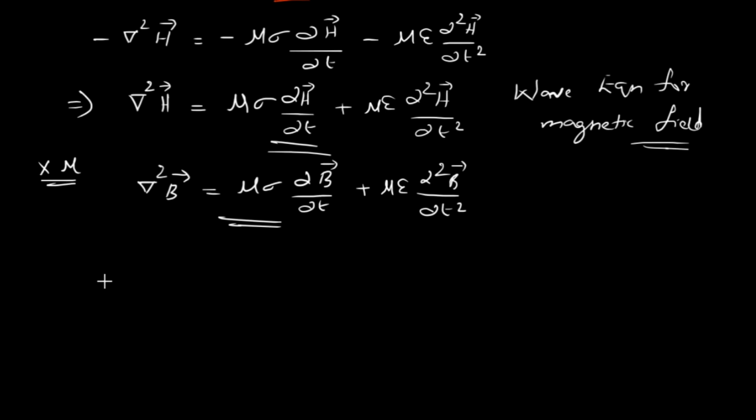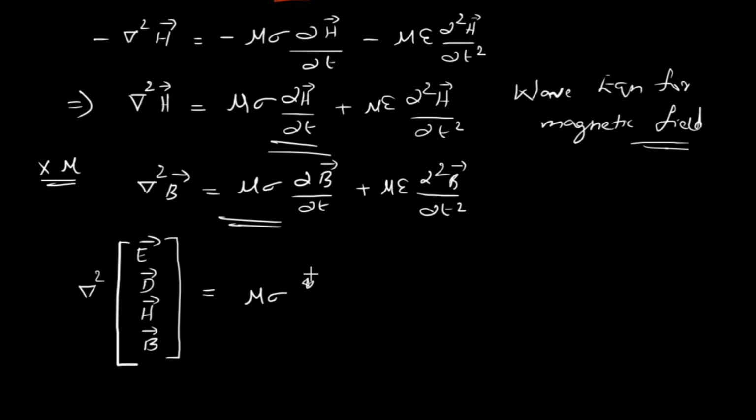So representing it in a general way, I can write that del square of all these vectors, that is E vector, D vector, H vector and B vector, is equal to mu sigma times the partial differential with respect to time of the same vectors.